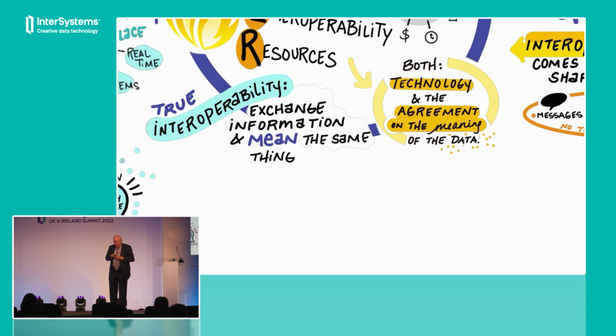So it is said that true interoperability is when we exchange data and we mean the same thing. That is often referred to as semantic interoperability. But it's not really we as humans that have to mean the same thing. It's the computer systems that have to mean the same thing. So let me give you a simple analogy for that.